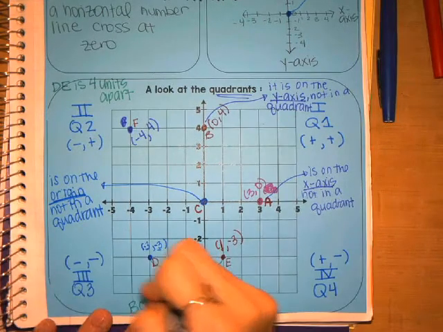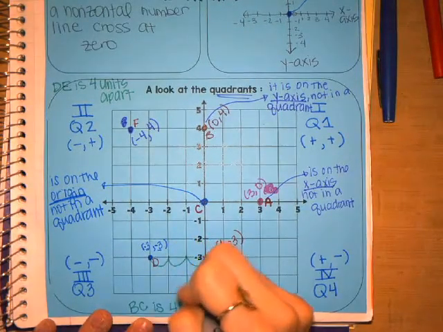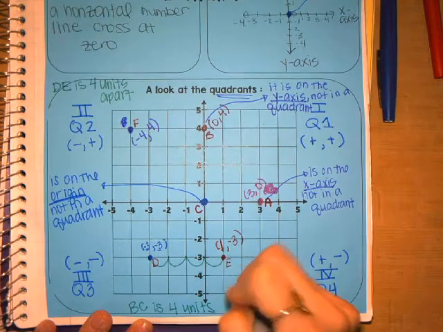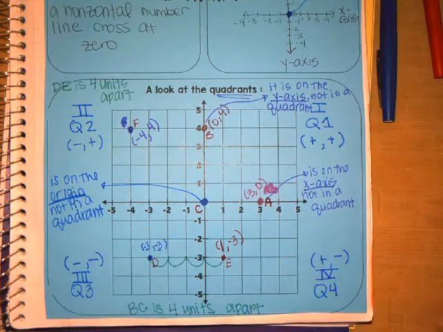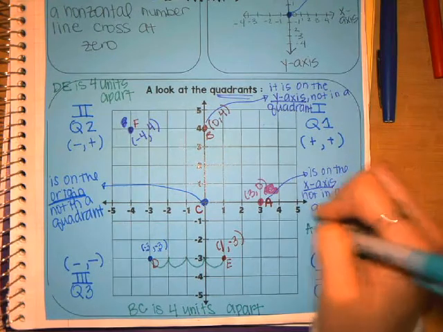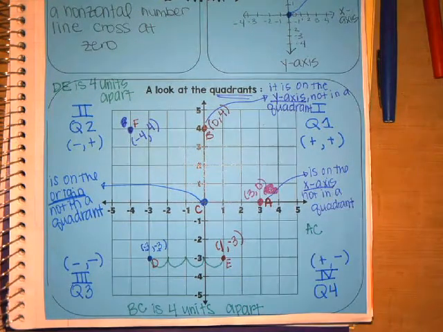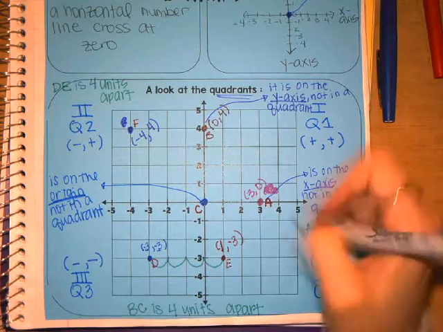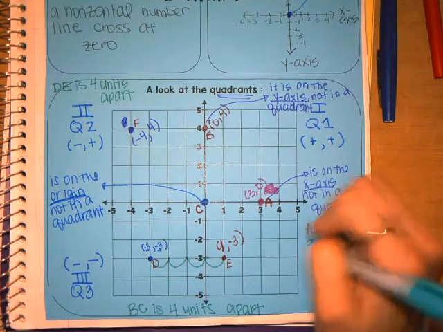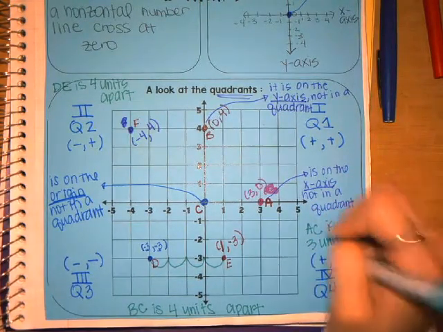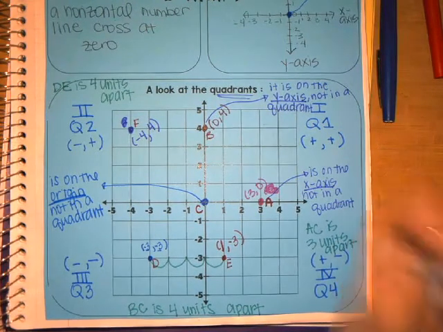So once again, you would tell me BC is 4 units apart. Okay, tell me AC. Everyone write that one down for me. AC. What's that, everyone? 3. So AC is 3 units apart. Does that make sense, everyone?